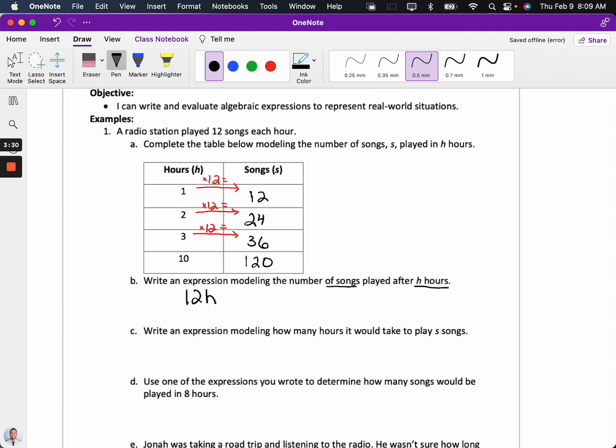Okay, so now for part C, it says write an expression modeling how many hours it would take to play S songs. So I want you to look at the order here though, right? We're given the variable S songs, right? We're starting from S songs, and we want to figure out how many hours it would take to play that many songs.